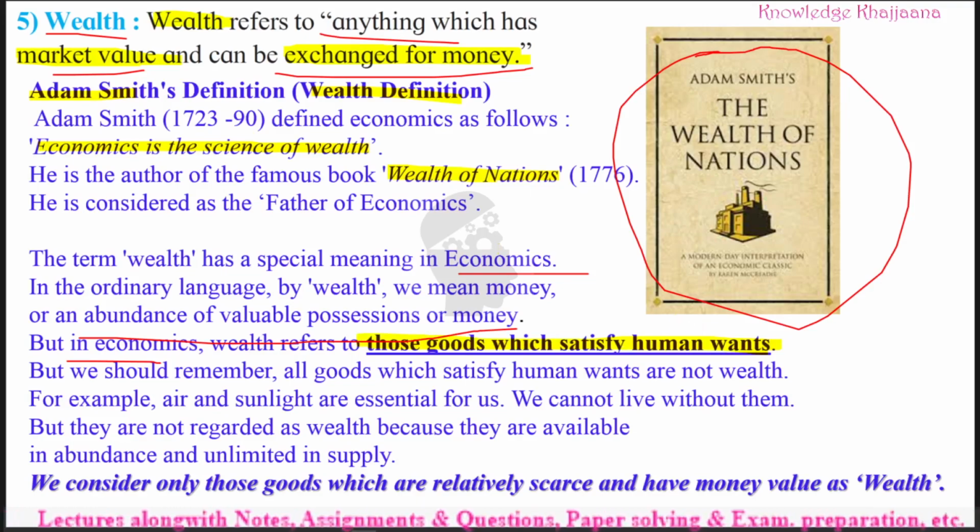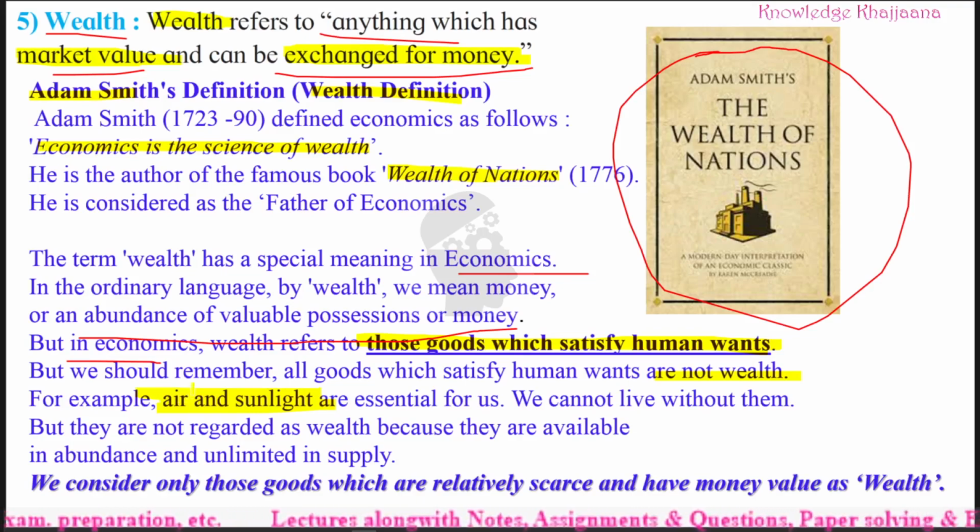Okay, but we should remember that not all goods which satisfy human wants are wealth. Which goods are not wealth? See, for example, air and sunlight. Okay, can you exchange them for money? Can you give money to the sun? Can you give money to air, to the atmosphere? No. To give the cool air?